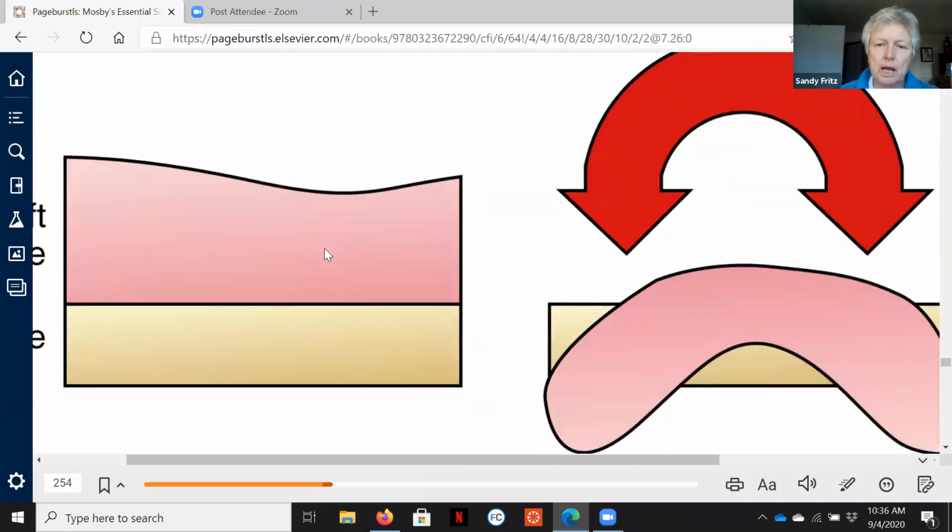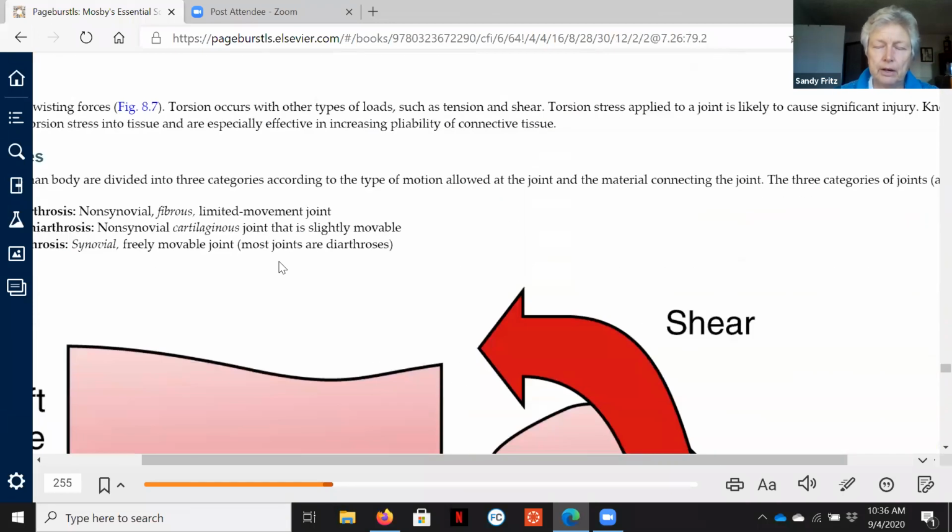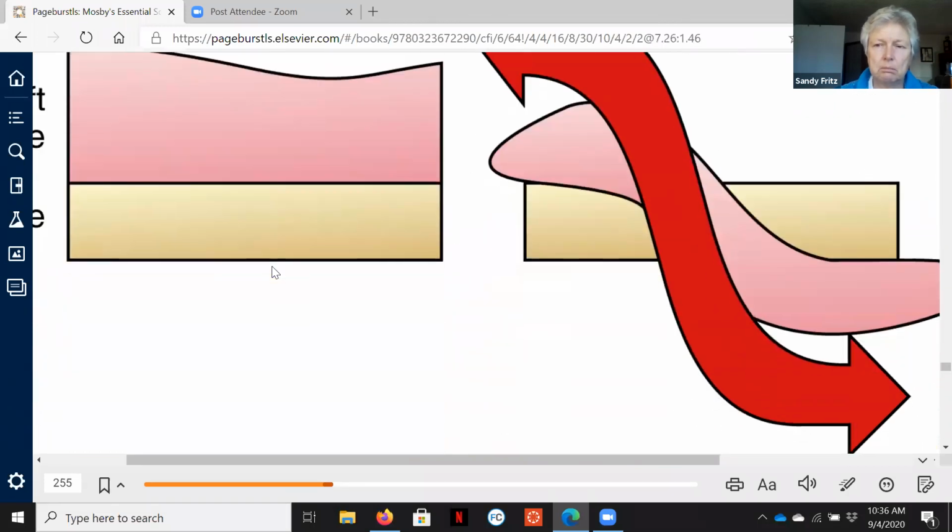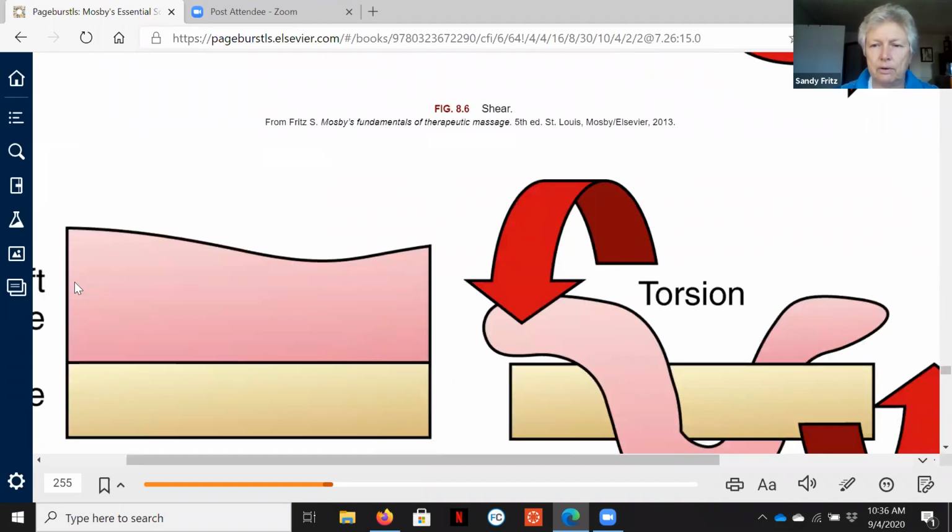So this is discussing the various strains or stresses that occur when tissue is loaded, and massage loads the tissue by applying a push or pull, which is a mechanical force.